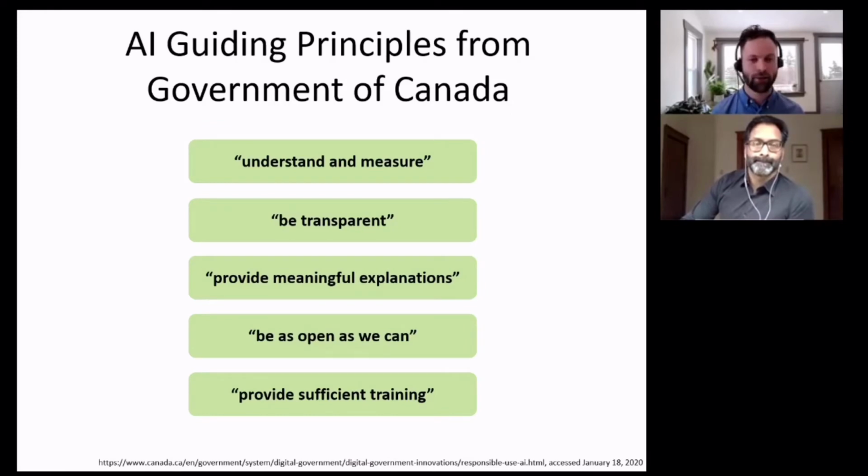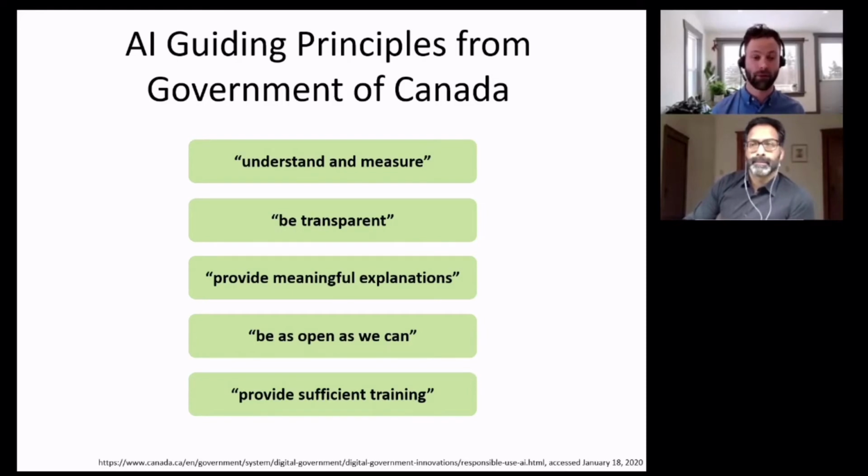I couldn't find any concrete principles, guidelines, or white paper on AI in healthcare in Canada, but I found this one from the government of Canada, and I feel this one could be used in healthcare as well as guidance. So now we don't have a really hardcore paper, we can use this. The first one is to understand and measure the impact of the AI when we use the AI.